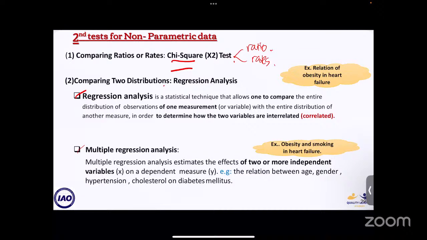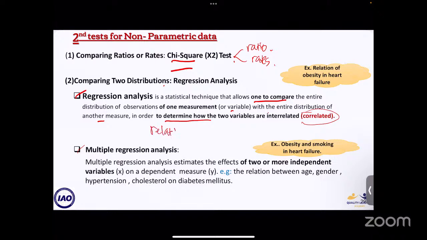What about the regression analysis? Regression is a statistical technique that allows one to compare the entire distribution of observations of one measurement or variable with the entire distribution of another measure in order to determine how the two variables are interrelated or correlated. So it is used to determine whether there is a relationship between two variables.